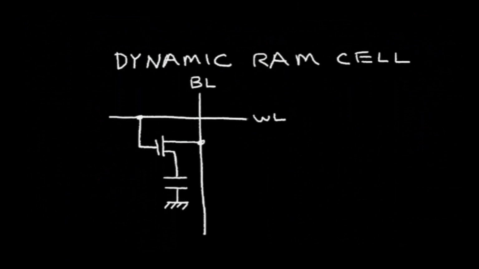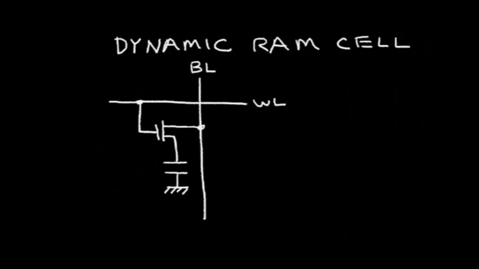Now we talked about the static RAM cell. I should at least mention that there's also another memory cell that's much simpler. It's called the dynamic RAM cell. It's basically one transistor and one capacitor. And what this cell does is it writes data onto the capacitor, either a logic 1 or a logic 0, during the write operation.